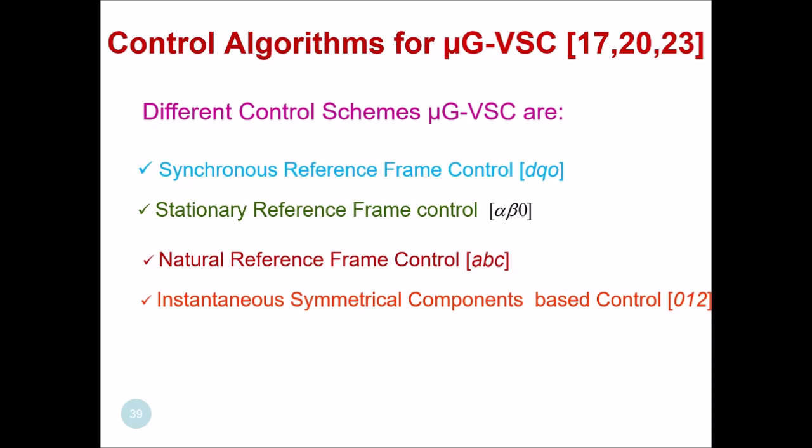Then we have a stationary reference frame theory, alpha beta 0, and natural reference frame theory, ABC, which we normally use in our study and analysis, and instantaneous symmetrical component based control, 0, 1, 2, or plus minus 0. These are four important concepts which are used in power system, in electrical machines, in power quality, in microgrid operations to generate the reference currents, okay, or reference voltages.